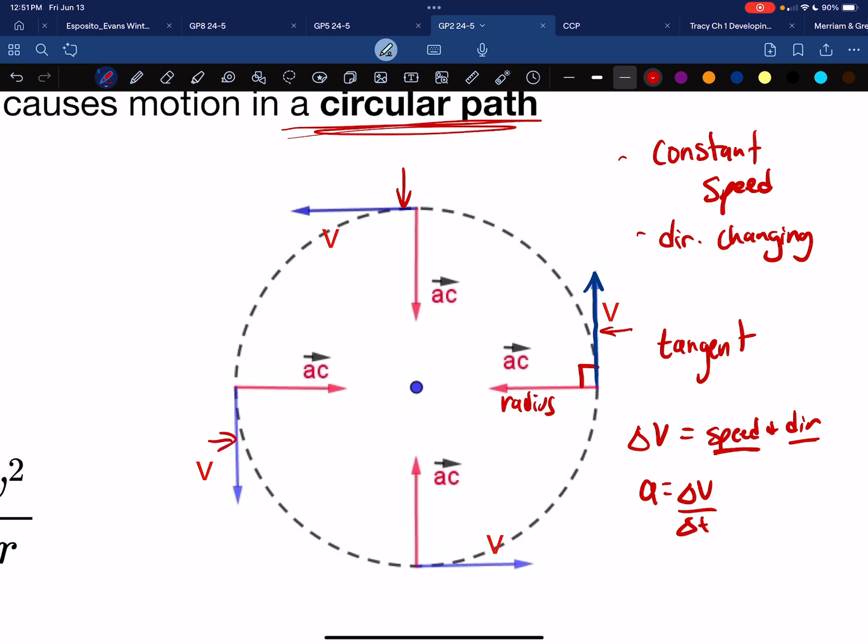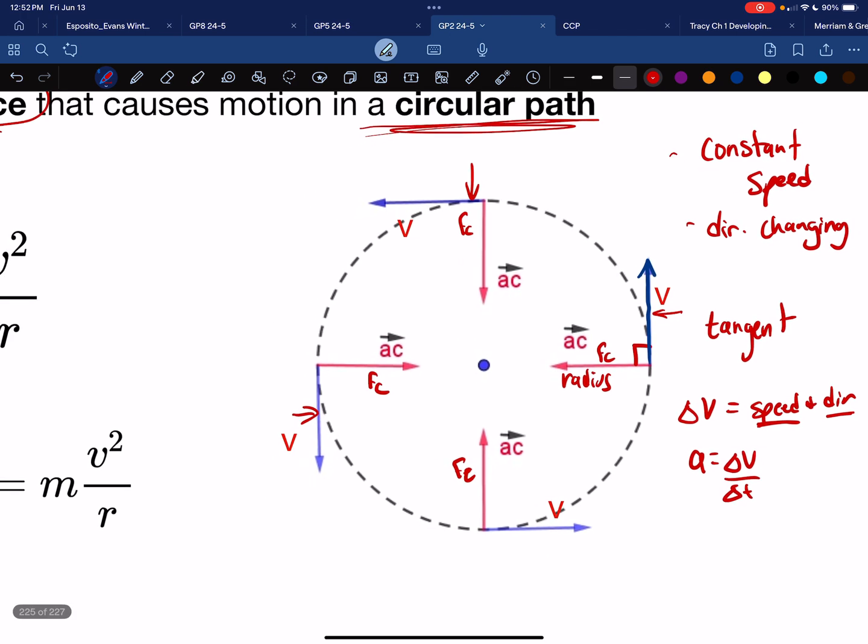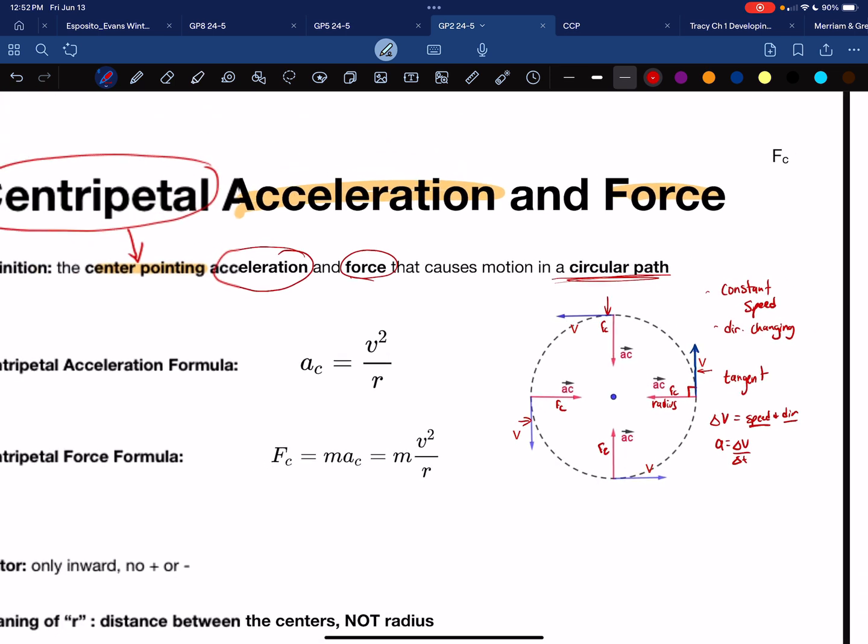So we could see then that there is an inward pointing or center pointing force, what we call a centripetal force, that causes it to travel in a circle. So a centripetal force is any force that causes it to travel in a curved path. And the resulting change in velocity is the centripetal acceleration. The centripetal force causes the centripetal acceleration.